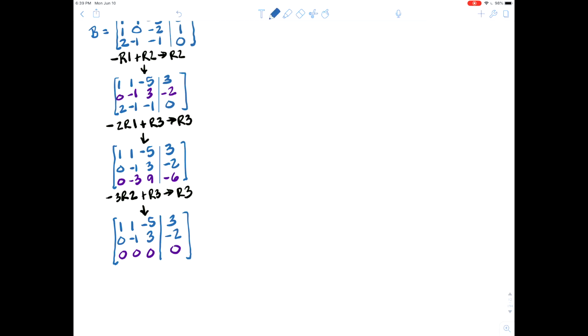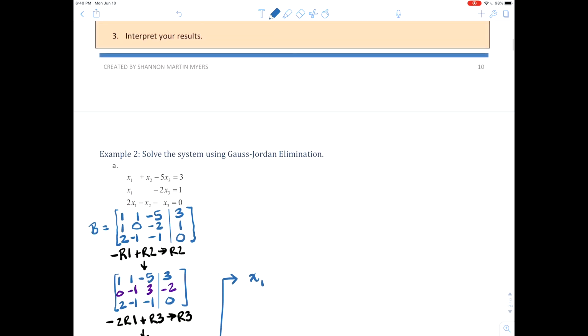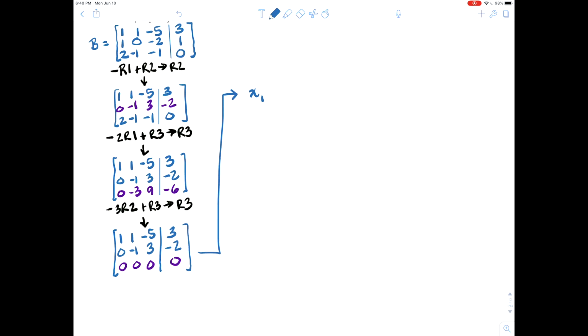From what we have here, we want to back substitute this into a system. So the equivalent system that we have here would be 1x1 plus 1x2 minus 5x3 is equal to 3.